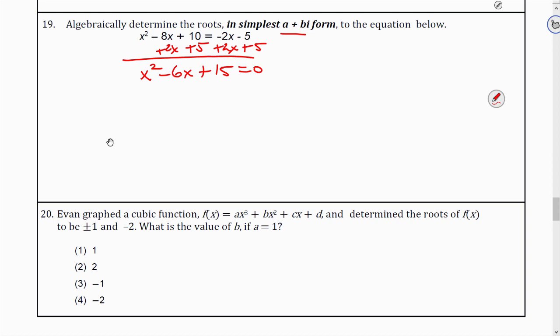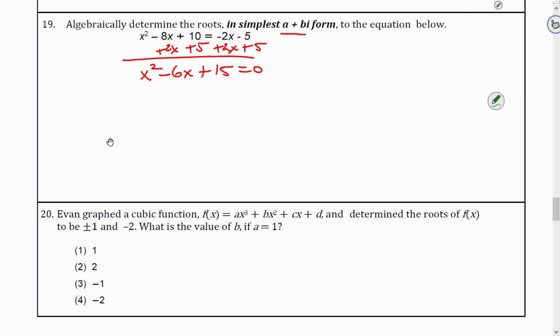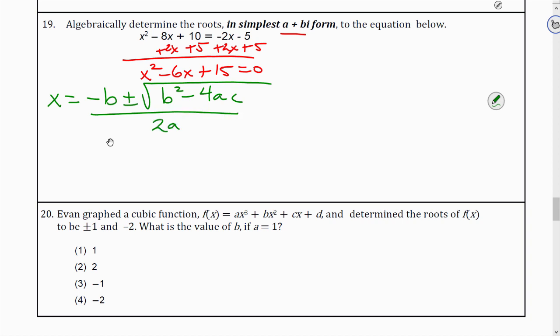Next I will use the quadratic formula, which we will not be giving to you on the exam, so you should memorize it. The quadratic formula is x equals -b plus or minus the square root of b squared minus 4ac, all over 2a, where a, b, and c are the coefficients.